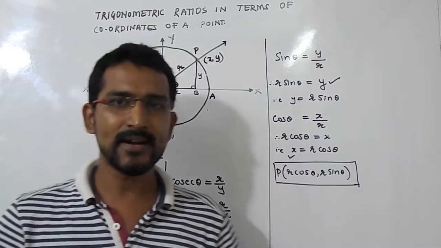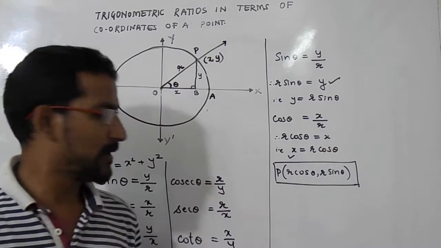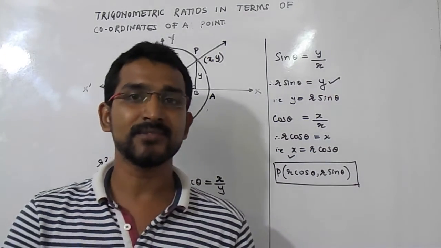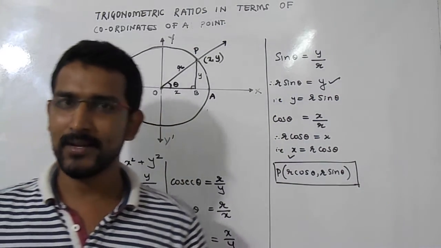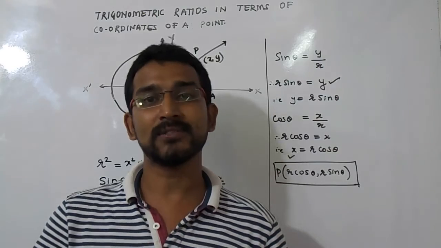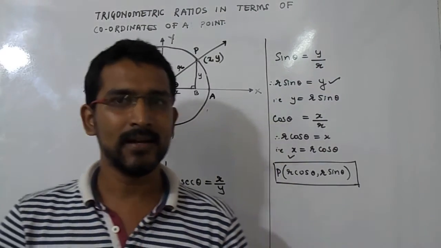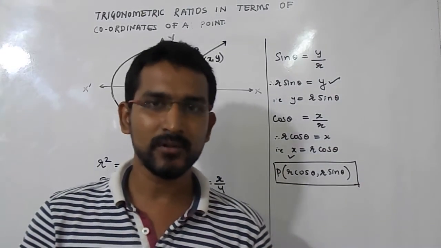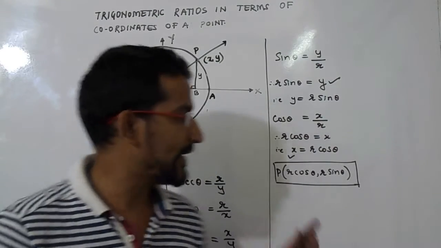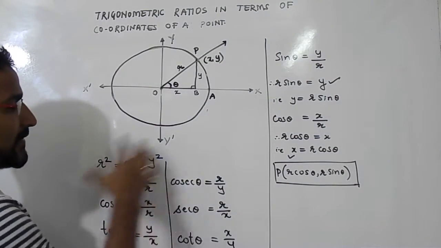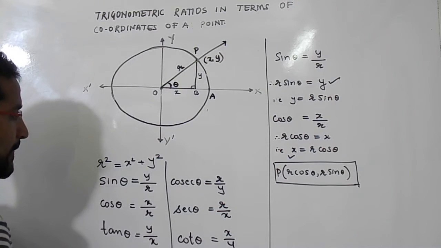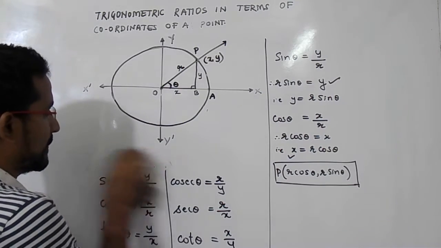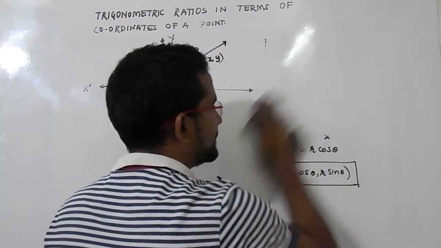As we have already studied the different functions, sin theta is equal to 1 upon cosec theta, or cosec theta is 1 upon sin theta, and tan theta is sin theta upon cos theta. We can derive these relations from whatever relations we have got in terms of coordinates.